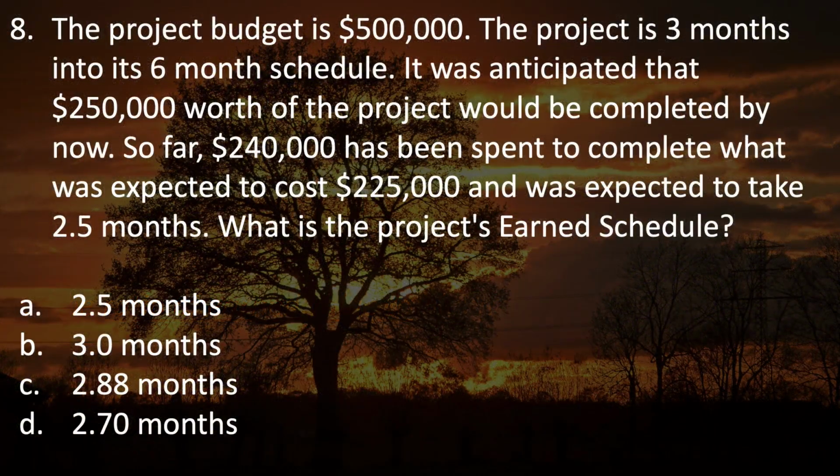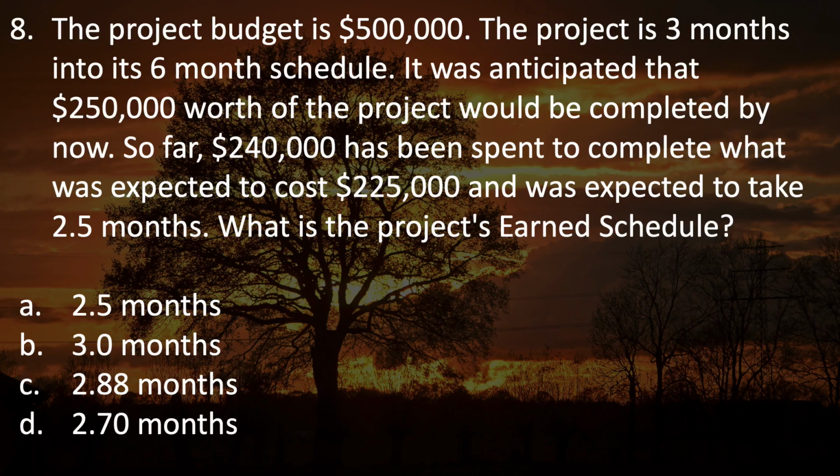And finally, number 8. Alyssa has been hired as an external consultant to review and make recommendations for a project to develop an online software application for medical coders to encode medical procedures for insurance billing. The project budget is $500,000. The project is 3 months into its 6-month schedule. It was anticipated that $250,000 worth of the project would be completed by now.